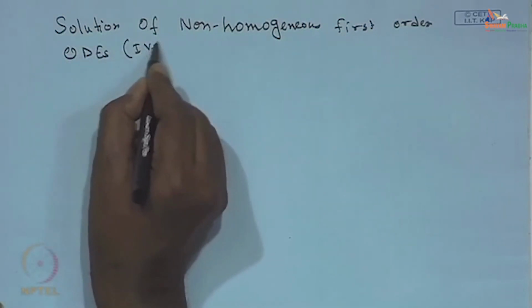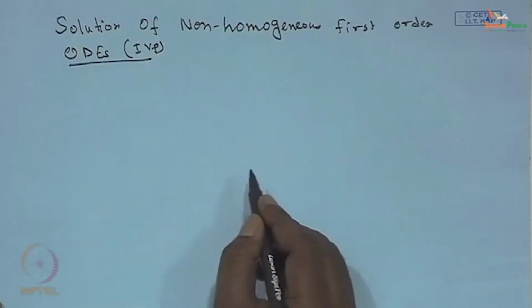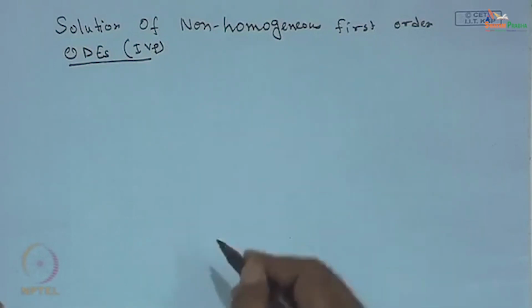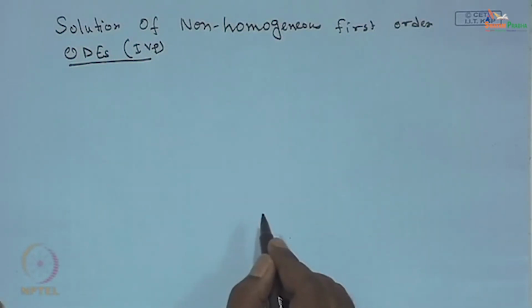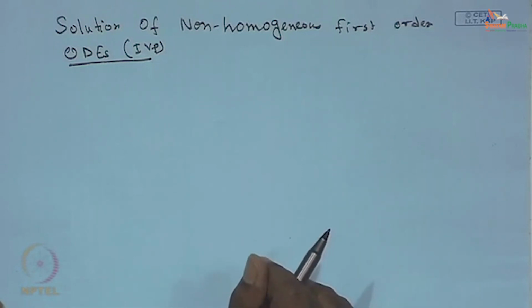Of course, they are IVPs. In fact, even a boundary value problem can be broken down into a series of ordinary differential equations by assuming the unknown initial condition and then matching with the corresponding boundary condition.